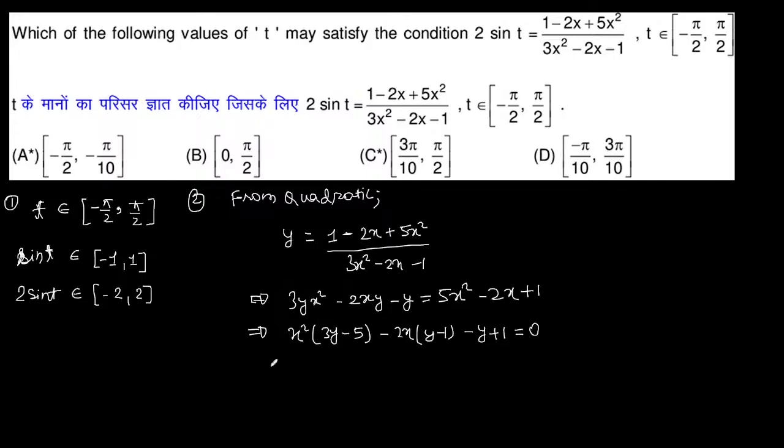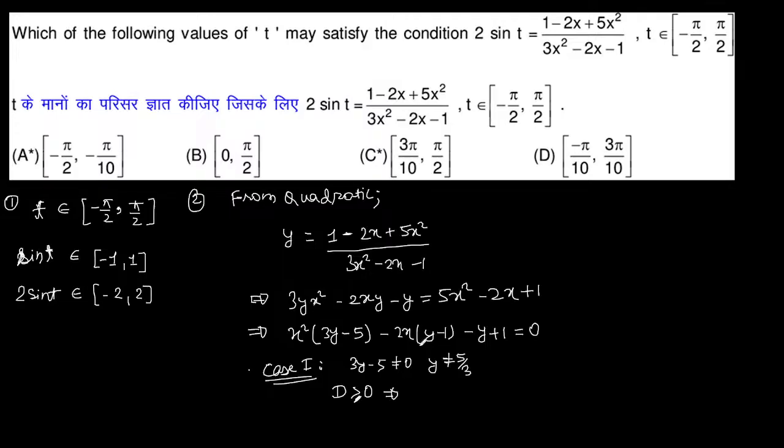So first of all case 1, 3y minus 5 should not be 0. That means y is not equal to 5 by 3. At that time we'll do D bigger than or equal to 0, because there is some y for which this is correct.